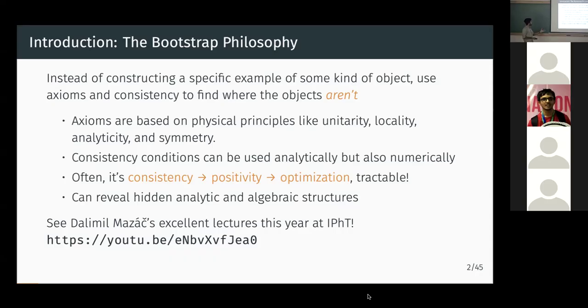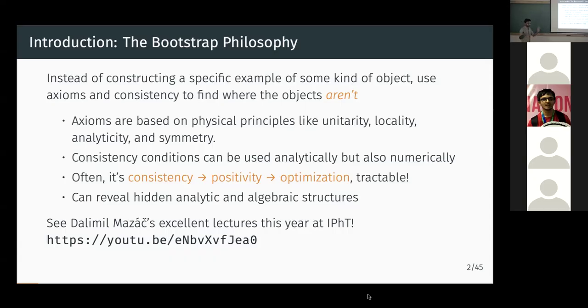In the realm of numerical techniques, oftentimes the formula is to take a consistency condition and formulate it into some sort of positivity problem. A positivity problem is something a computer can understand and solve with optimization techniques, and therefore we can get some nice results. And in doing all of this work, we can learn lots of interesting analytic, paper and pencil things, even from the numerical work.